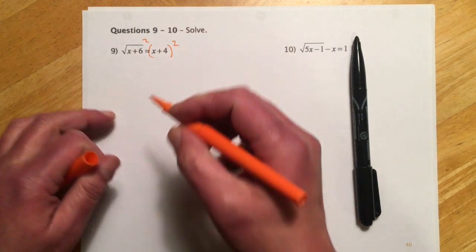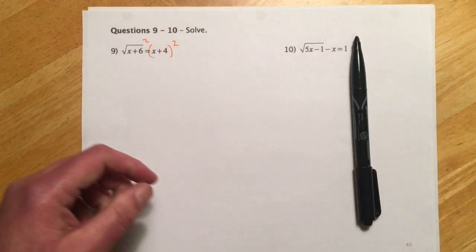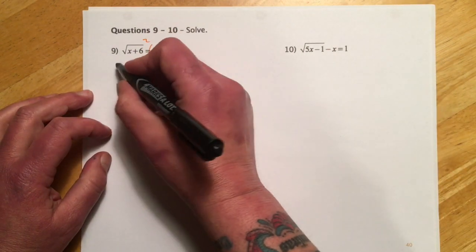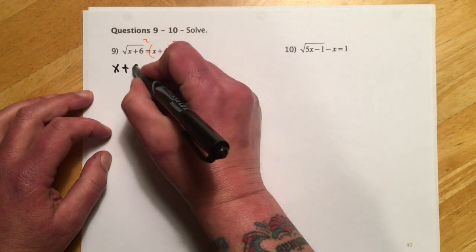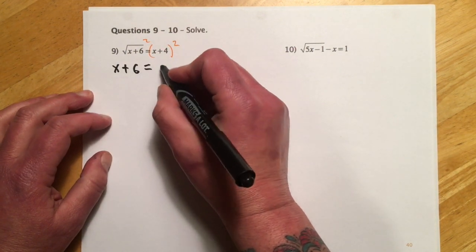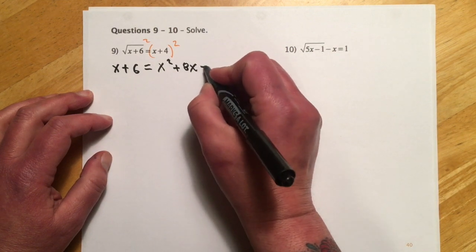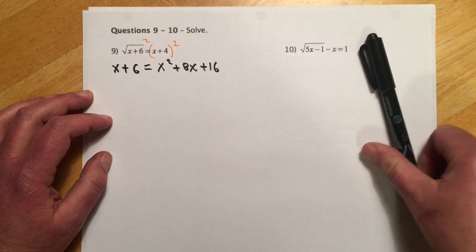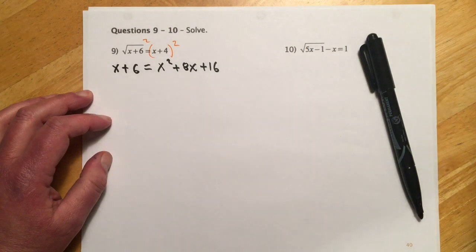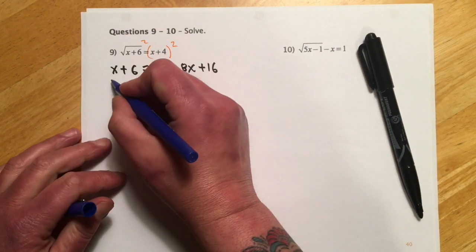So you just have to do it like that. So squaring undoes the root, and I get x plus 6. Over here I get x squared plus 8x plus 16. And then I'm going to bring the x and the 6 over.